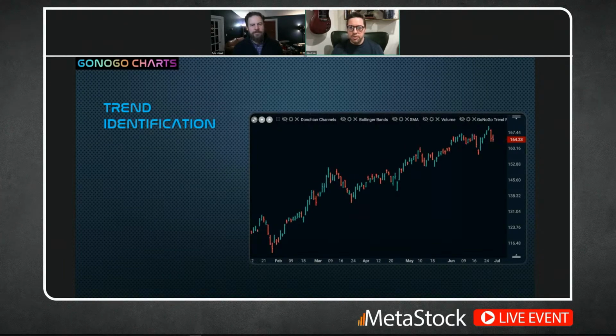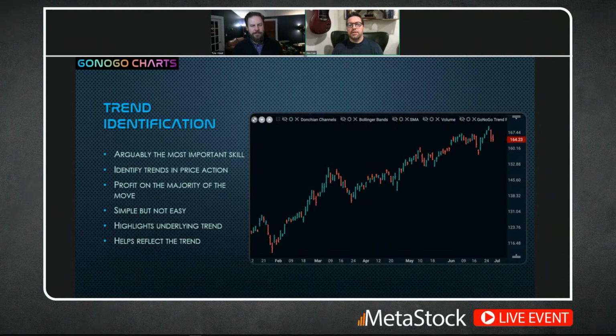And the first thing that you can do is just eyeball the chart. And from just looking at the price action, you can tell if price is moving in any discernible direction. Right? In this case, it's going from bottom left to top right. We're looking at a trend. And if you can start to identify the trend, you've really sort of done the most important thing. If you can identify a trend, you can profit on the majority of the move.